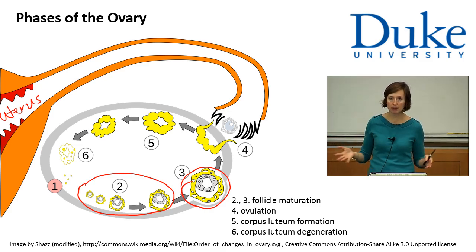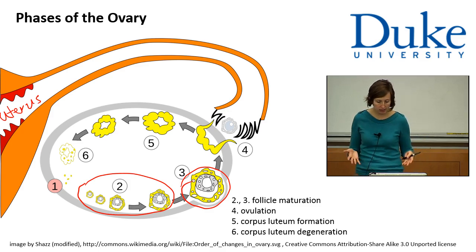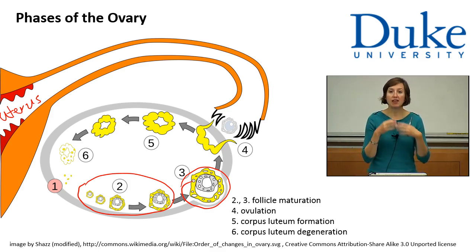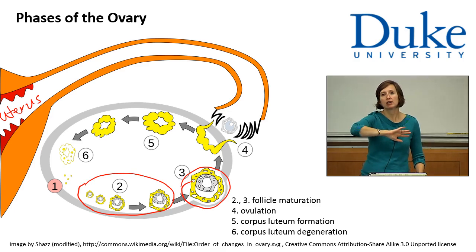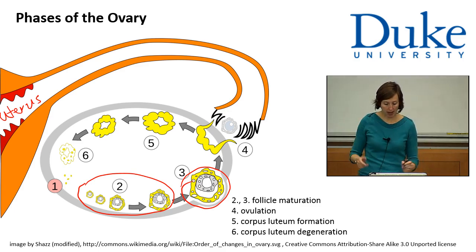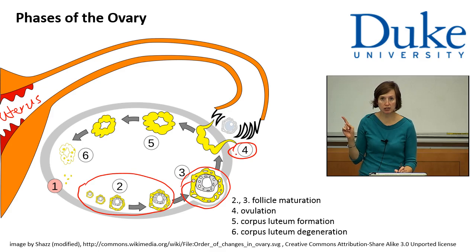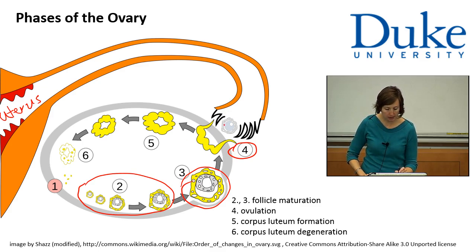Even though their amounts are lower, it's still able to survive. Now it's going to continue to make enough estrogen to cause the LH surge. And that LH surge is going to lead to, one, ovulation. So here's the release of the oocyte and some of its granulosa cells into the fallopian tube, or the oviduct.